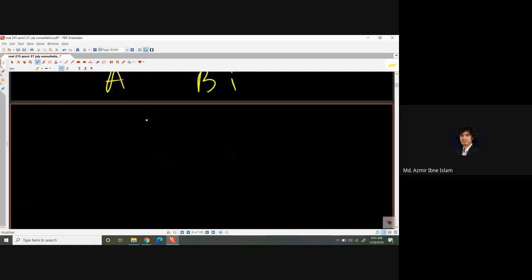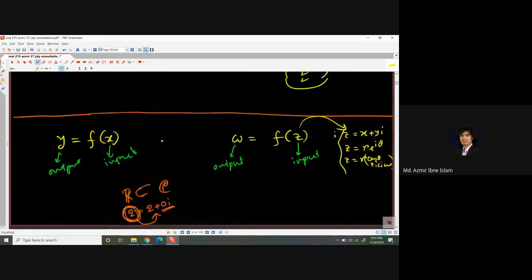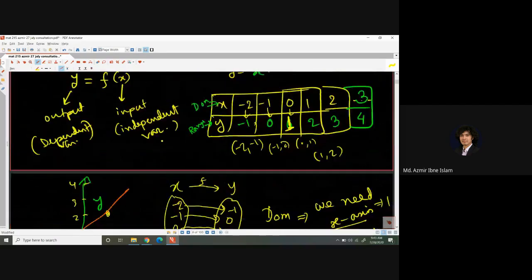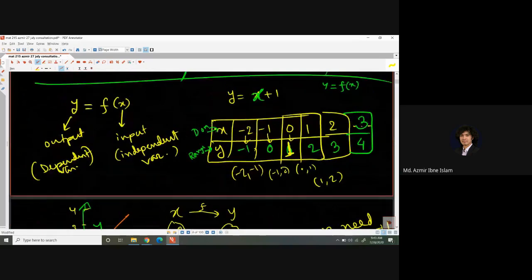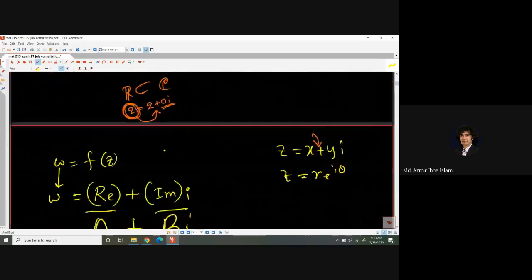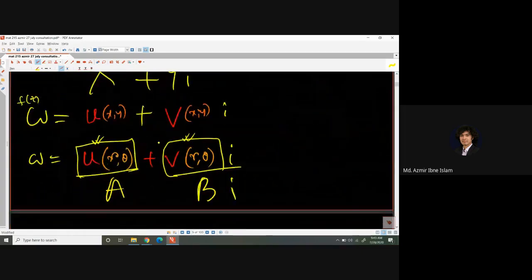Okay, so just like a real valued function, I will try to show another example so that you can figure out which part is the input and which part is the output, and how we can represent a complex valued function in the Cartesian coordinate system. So here, let's say we have a function f of z equal to 2 plus z.